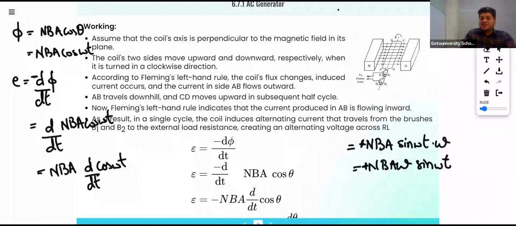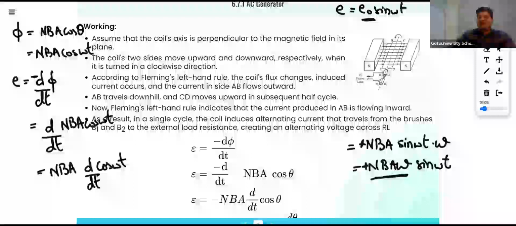By comparing it with the standard equation E is equal to E naught sine omega t, you will get E naught as NBA omega. And you will get that this induced EMF has sine omega t in the picture.